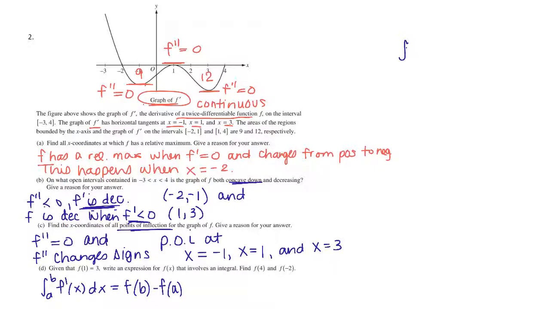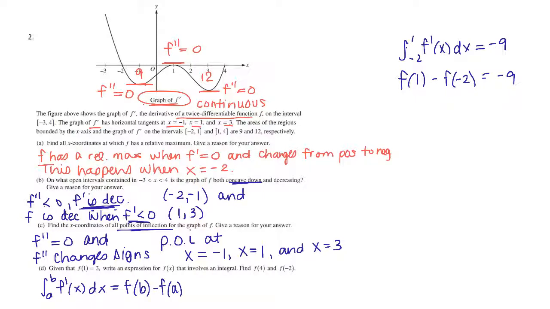So if I set up my integral to go from -2 to 1 of f prime x dx, what do I know that's equal to? Yeah, you would know that f at 1 minus f at -2, but you also know that's equal to what else? It's below the x-axis, so it is -9. Do you see how you can connect those two?